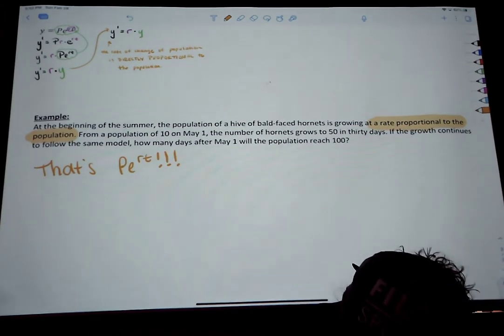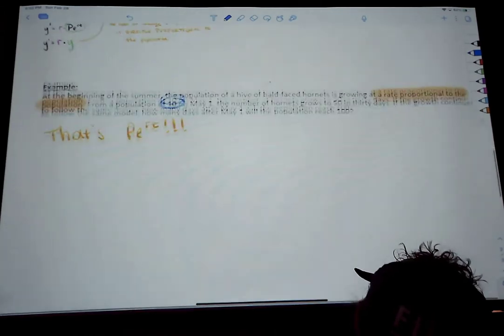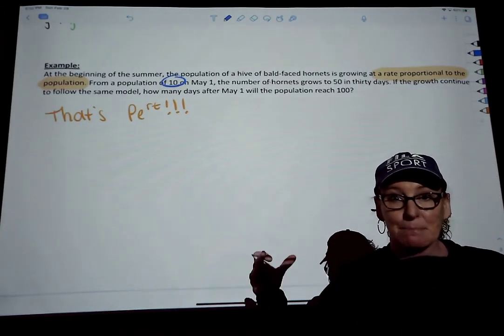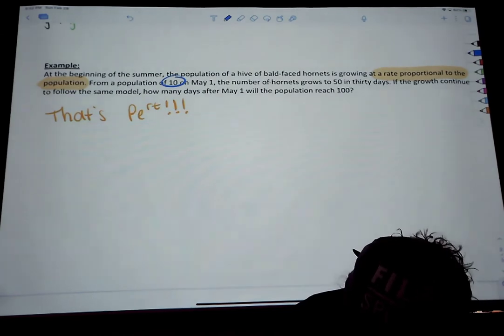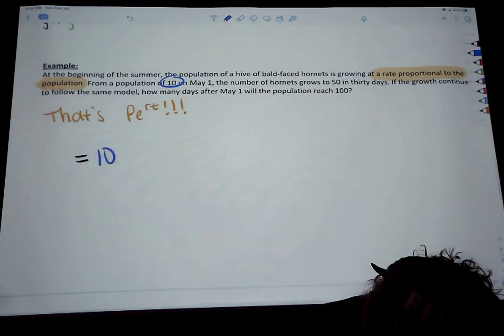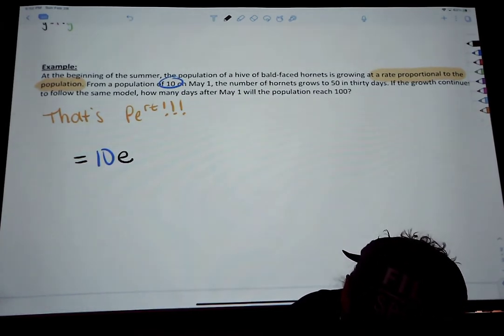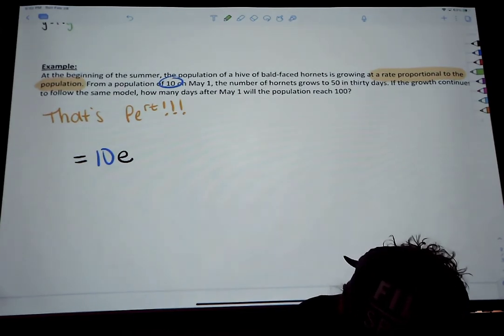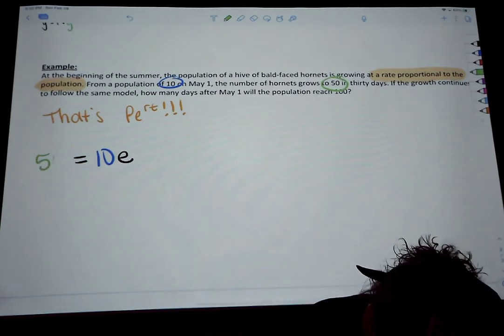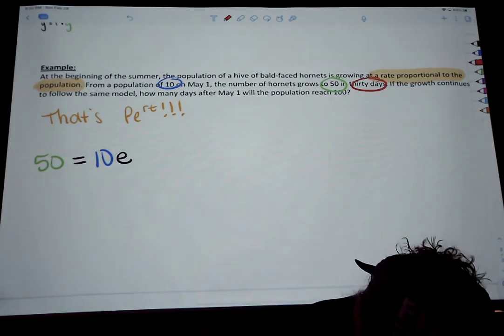So let's see what we've got here. We had a population of 10 on May 1st. So that's kind of like the beginning of our experiment. So P is 10. The number of hornets grows to 50 in 30 days.